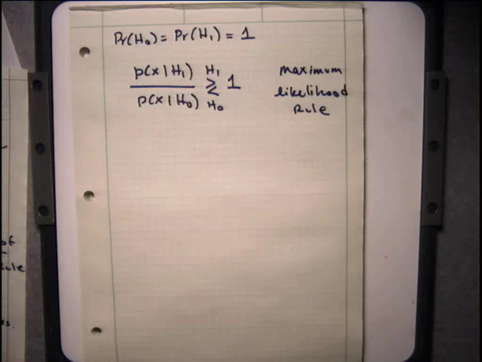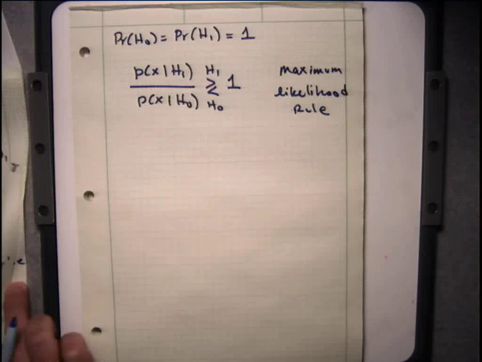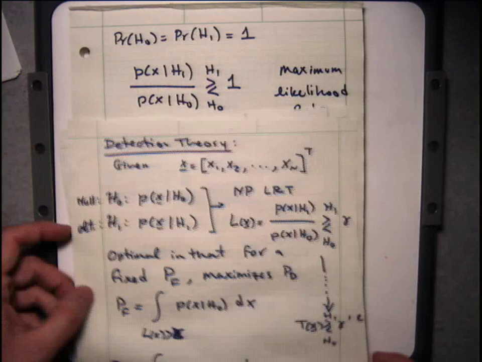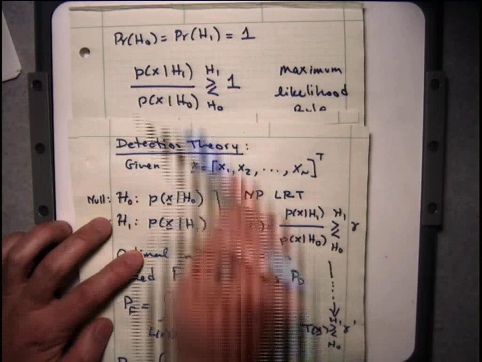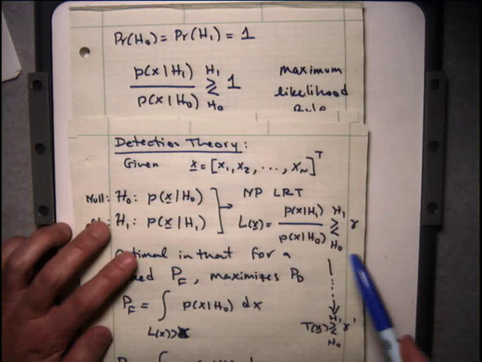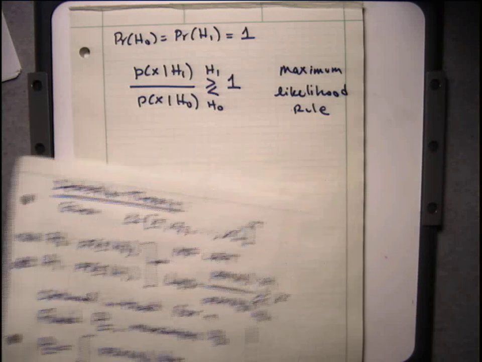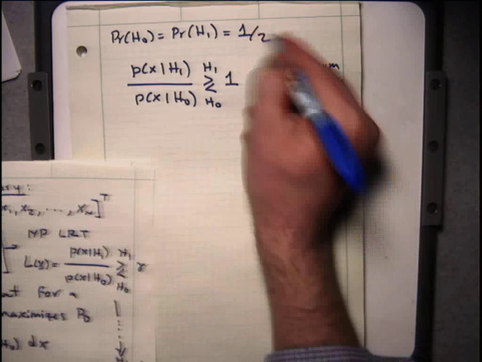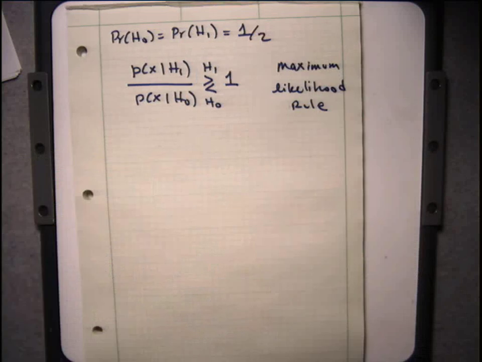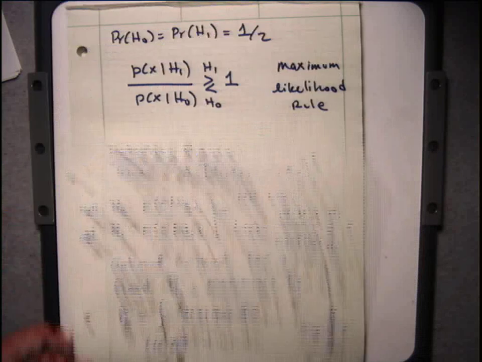There is a fundamental difference between this and this. I want to make sure there's no confusion about this. Probability of H0 equal to probability of H1 equal to 1/2.